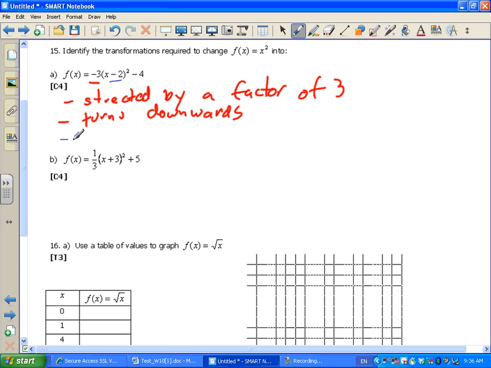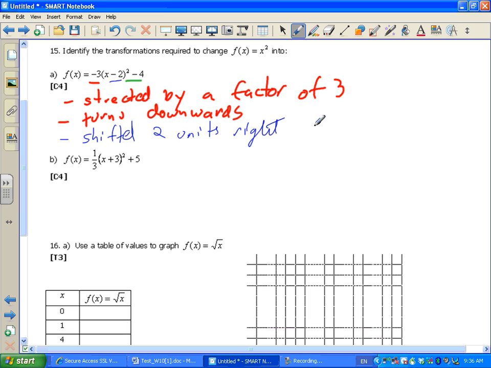Our H is negative 2, so vertex, we'll just say shifted 2 units right.